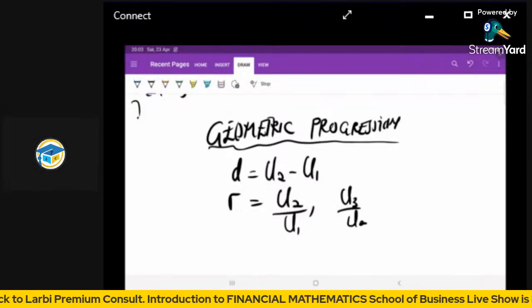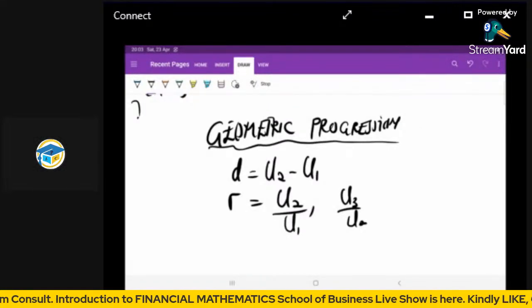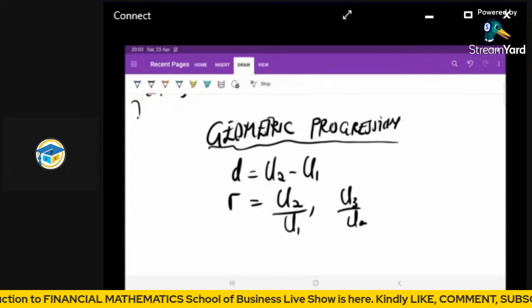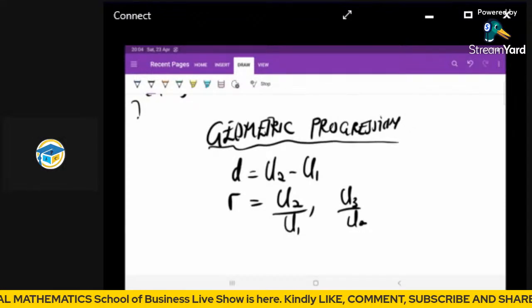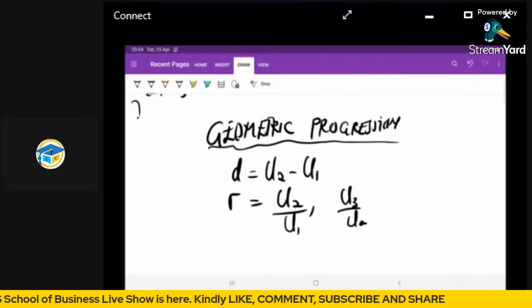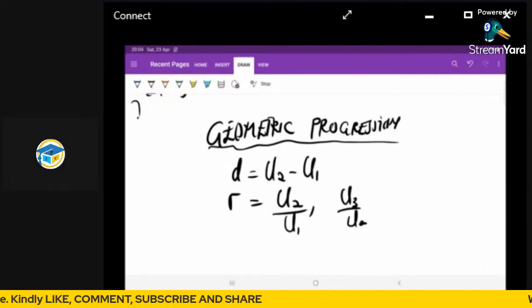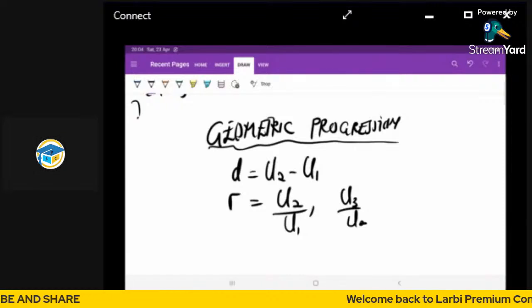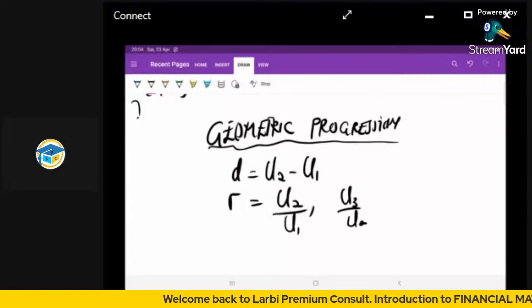Instead of subtracting the first term from the second term, here we find the quotient of the second term against the first term, or the third term against the second term. That is the issue about our geometric progression. The first term remains the same, while n, given the particular question, does not remain the same.